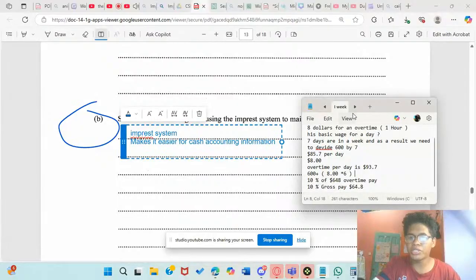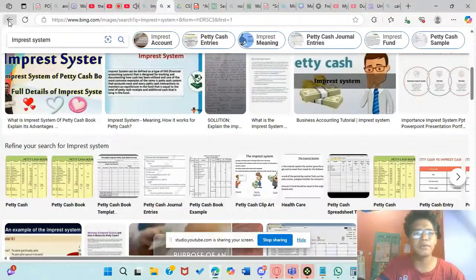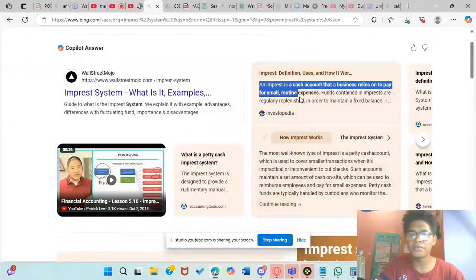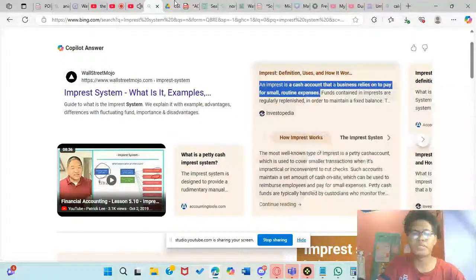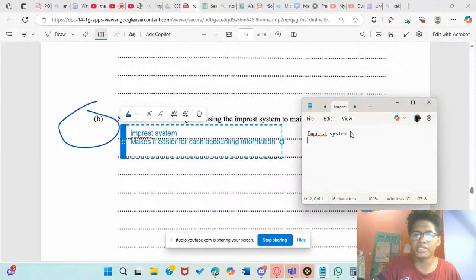This is some of our notes on the previous video. So let's look at the Imprest system, right? First of all, I'd like to really put out the definition of what the Imprest system actually is. Bring out my little notes on the Imprest system.